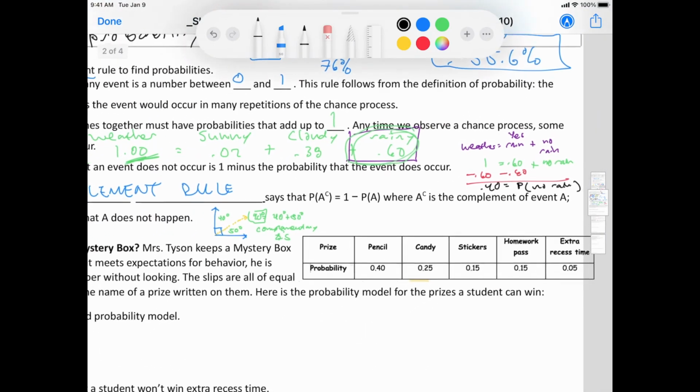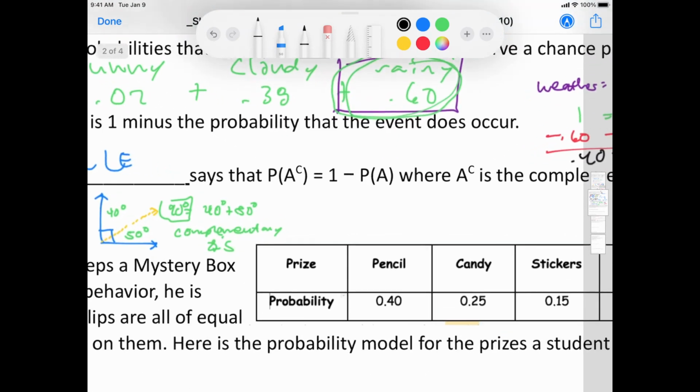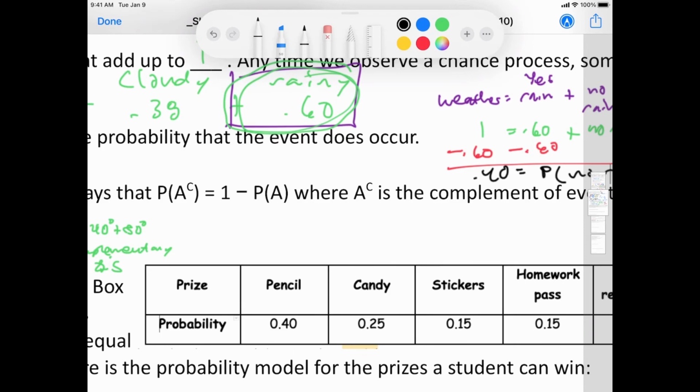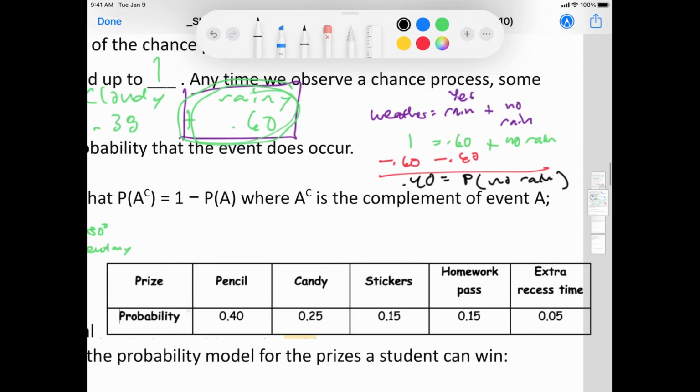And here are some other definitions. The probability of the complement of event A, that's what the little c means, is 1 minus the probability of that event. And we kind of did that over here, I'm doing 1 minus the probability of it raining is equal to the probability of no rain.